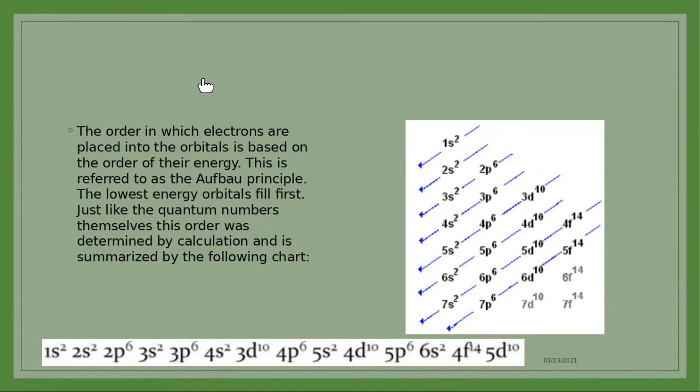This continues like that, and this is referred to as the Aufbau principle. The lowest energy orbitals fill first, and the lowest energy orbital is generally the s orbital, then the p orbital, and then d, and the highest energy orbitals are generally the f.